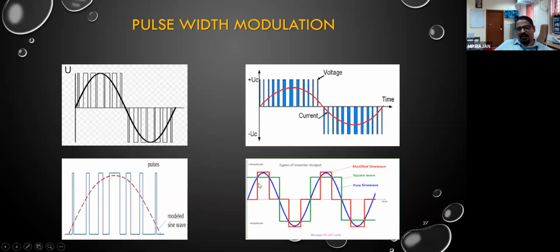It is just nearing the sine. For finer control, by using the latest technology, by using IGBTs and MOSFETs, you can get a pure sine. This blue color is called the sine. So this method is principally used to get a high quality sine.